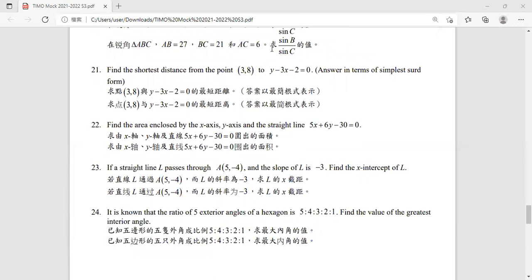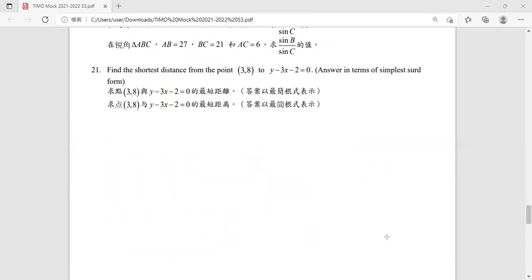Now, this one. For this one, actually we have a formula. This is the distance from a point to a line.